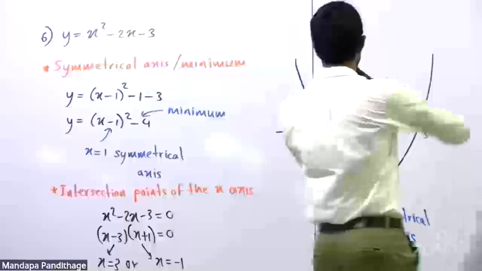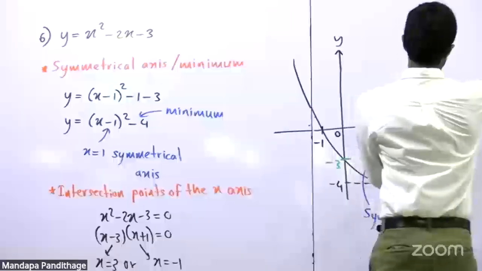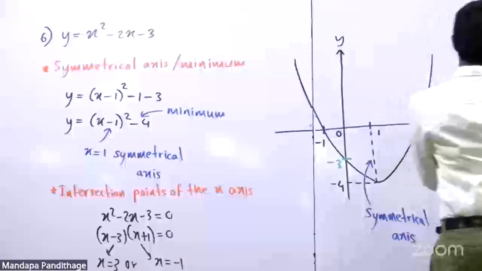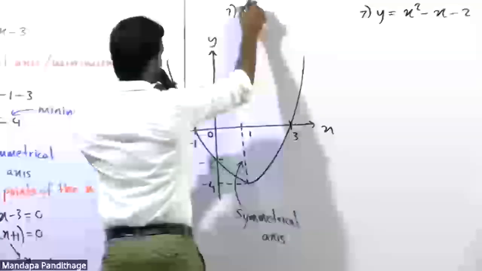Okay, so after this, everyone do this: draw the graph of y equals x squared minus x minus 2. Listen, y equals x squared minus x minus 2.